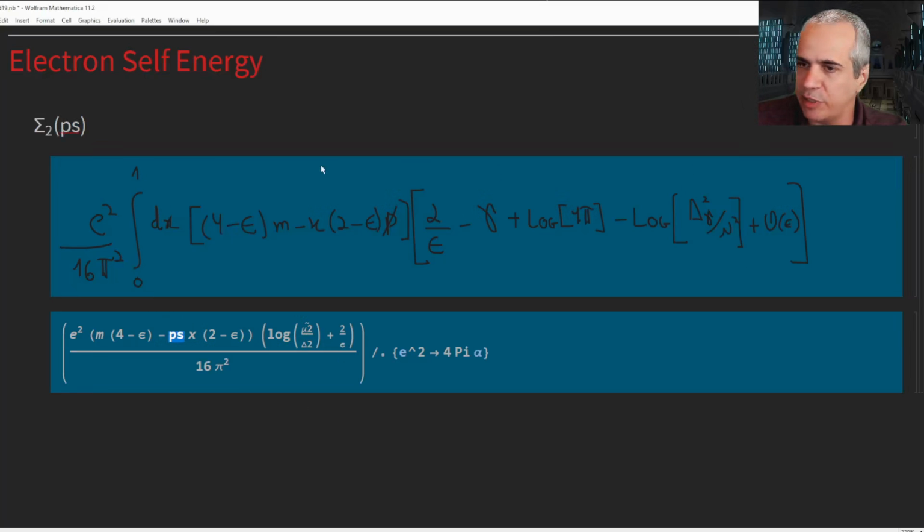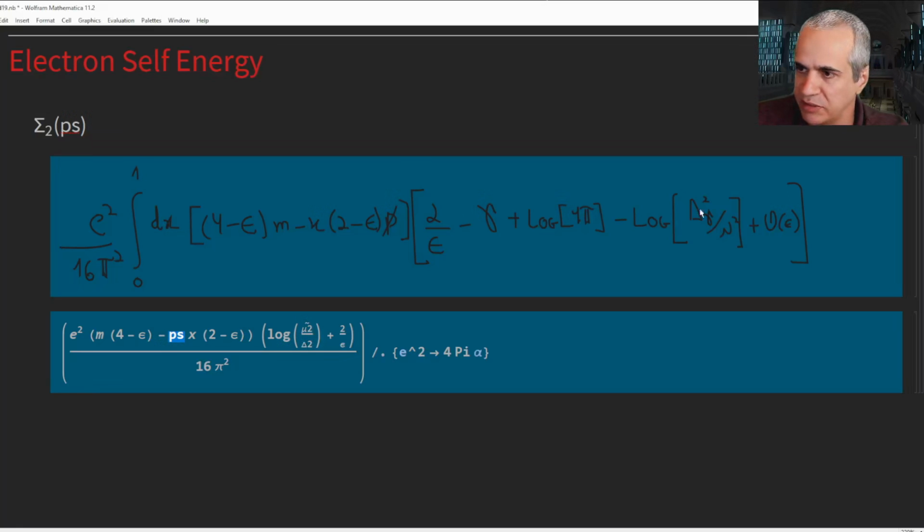This is the whole expression we just derived for sigma 2, and this is the translation of this expression to Mathematica, right? So I grouped all these constants as the log of mu 2 squared.